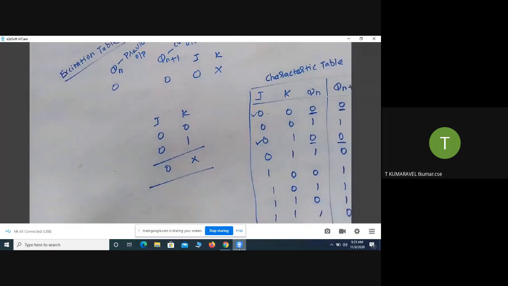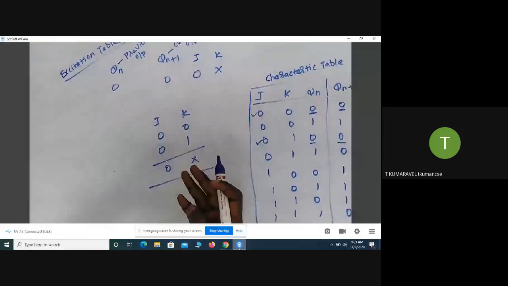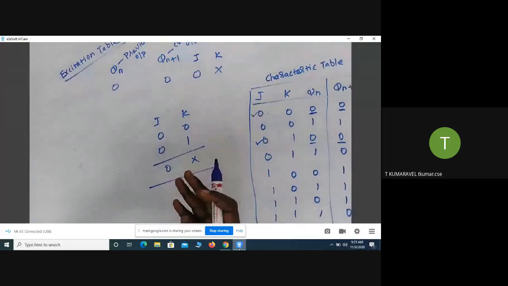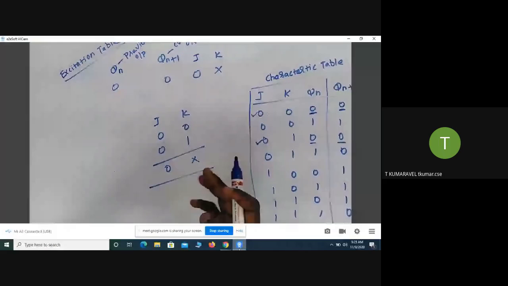Is it okay for you? So what is the objective of the excitation table? I take the previous stage output and, parallelly, the current stage output. If this is a 0 and this is a 0, what is the input combination for JK?